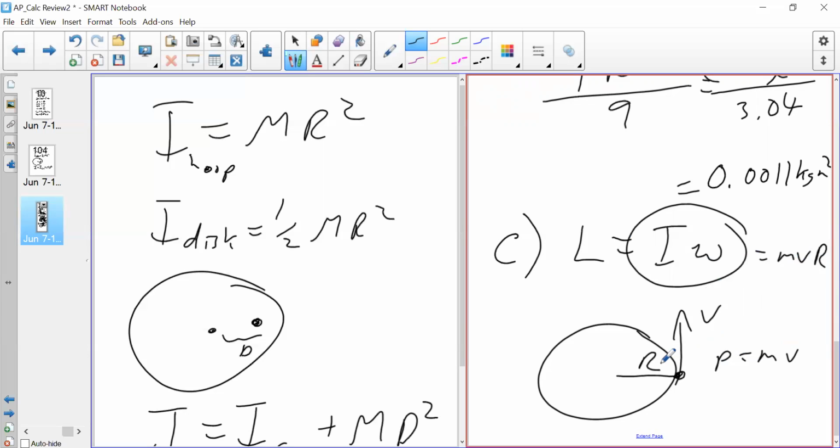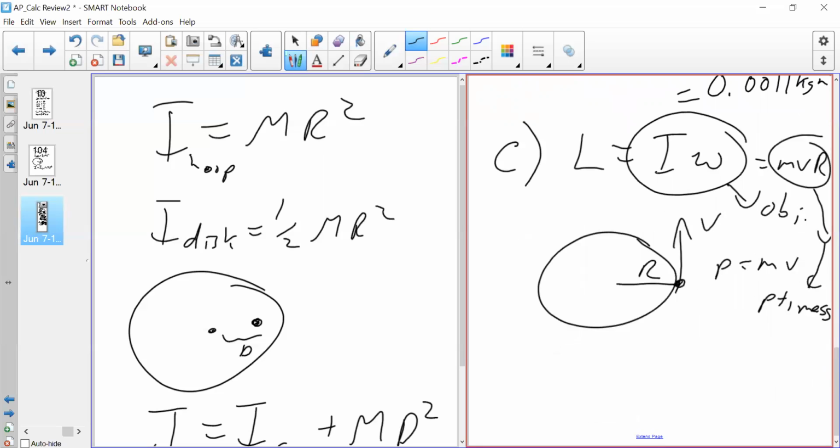We can get into all that. So those are equivalent. One is for an object, one is for a point mass, but either case gives you angular momentum. Since it's a rotating object, we want I omega to get the angular momentum.